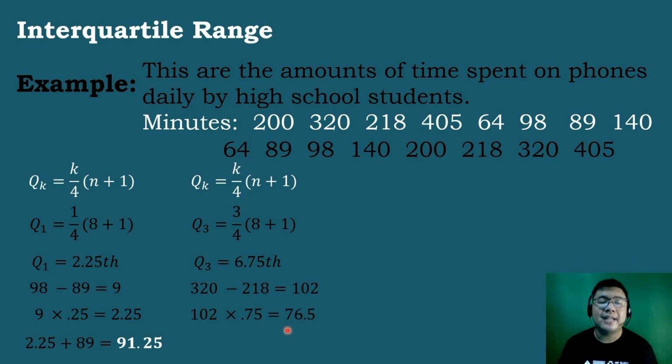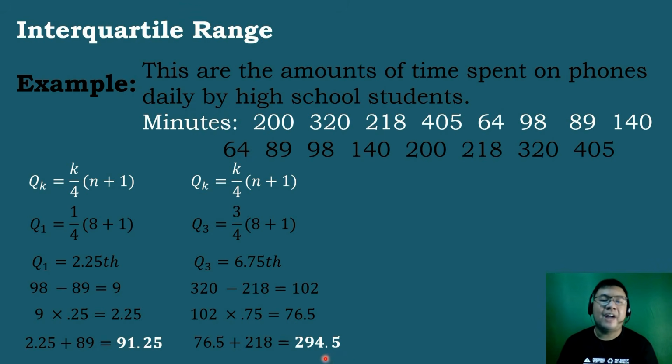For the last step, we add 76.5 to our sixth number, which is 218. So 218 plus 76.5 is equal to 294.5. This is the value of quartile 3.